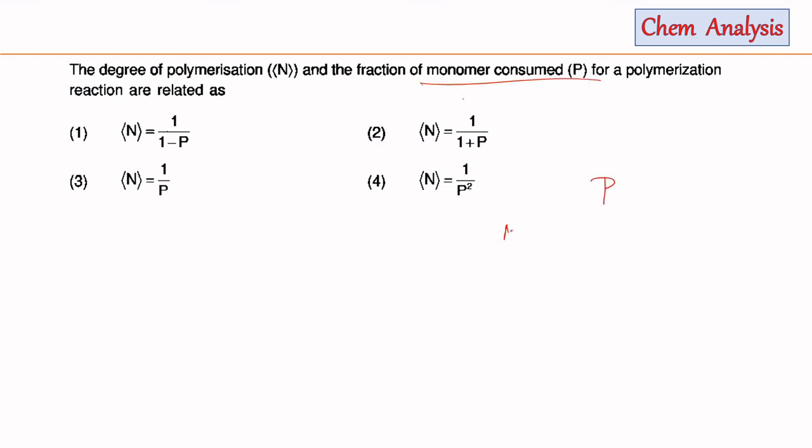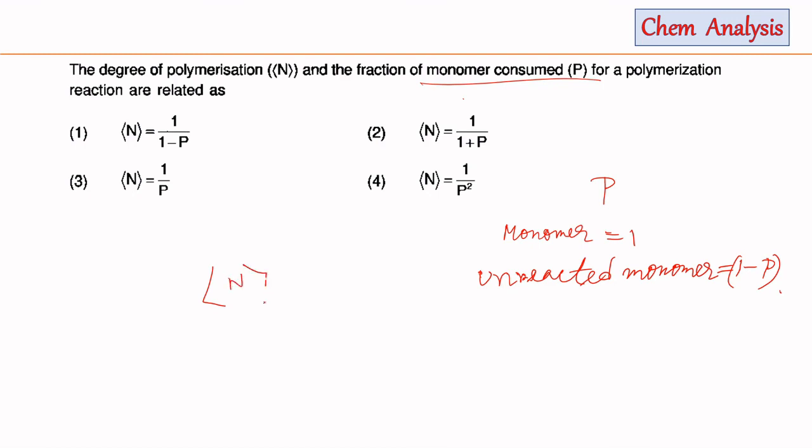If the total number of monomer is equal to 1, the amount of unreacted monomer, that is which are not consumed, will be 1 minus P, and therefore degree of polymerization will be total number of monomer divided by unreacted monomer.